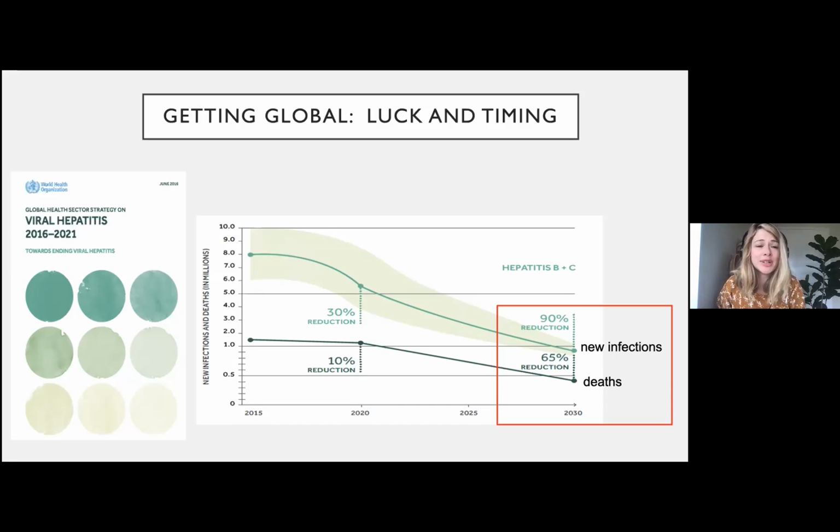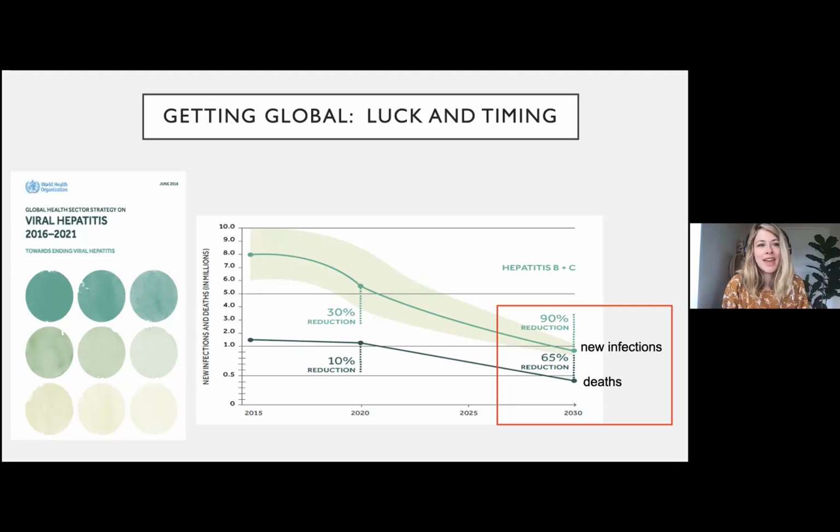And then the World Health Organization, which I'm showing you here, in 2016 released their global health sector strategy on viral hepatitis elimination, which set 2 elimination goals: to reduce new hepatitis B and C infections by 90% by 2030, and to reduce deaths by 65% in 2030. So when the World Health Organization issued these elimination targets and strategies, it meant that countries started paying attention.